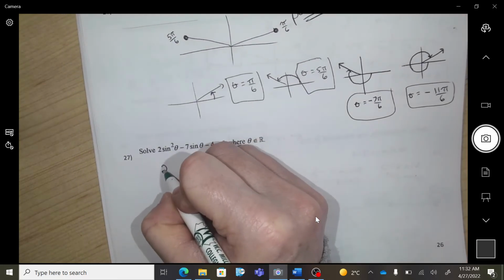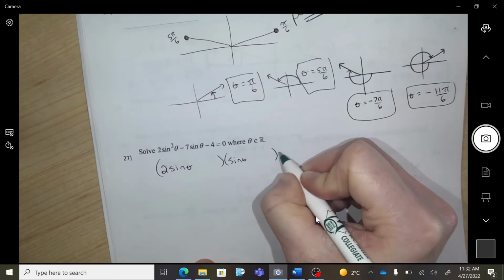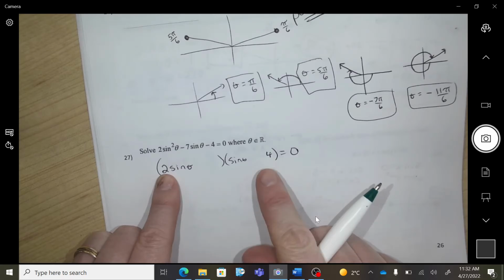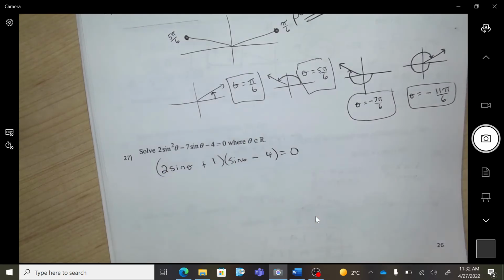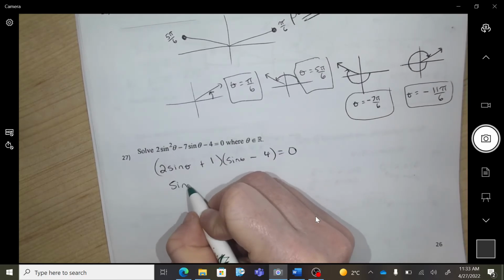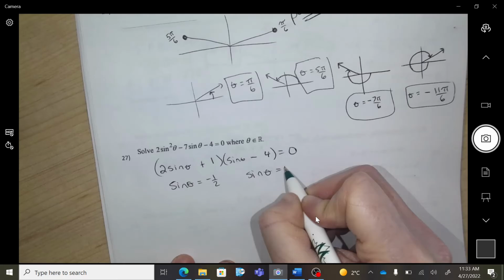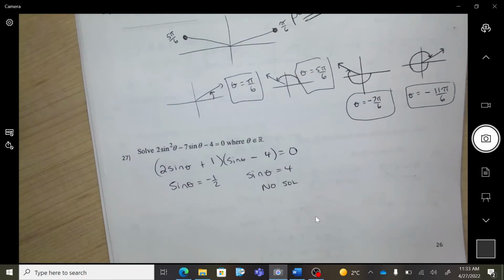Okay, I'm going to solve by factoring. So I'm going to use a 4, I think, to do that as an 8 and 1. So here, sine angle equals negative 1/2. And this one is 4, this one will have no solution. Sine can't go above 1.